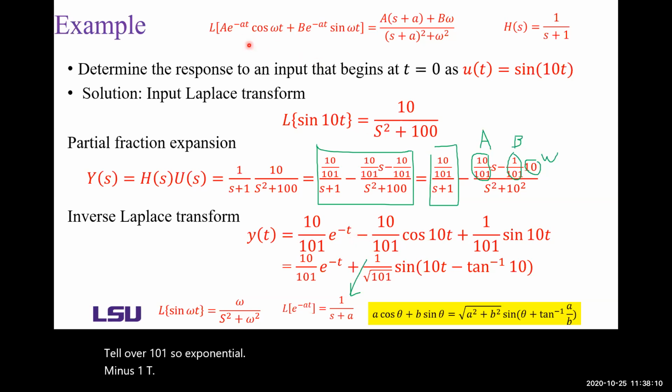Then we have a, so it's minus 10 over 101 times cosine 10t. We have b, which is plus 1 over 101, times sine 10t.